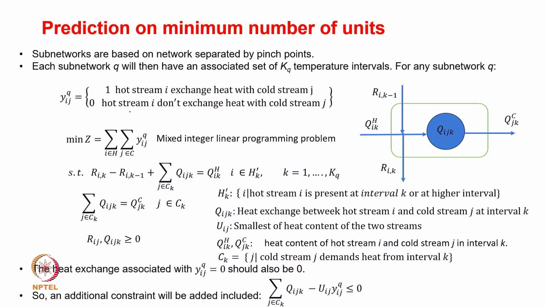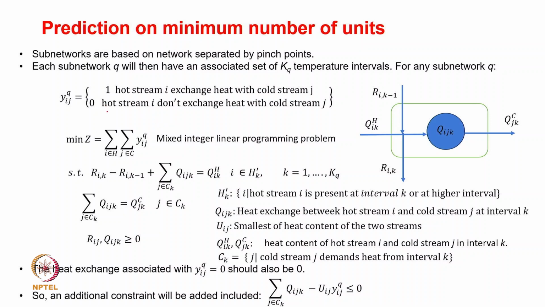If it doesn't exchange, there is no connection, no unit involved. When we sum all such cases, the summation of yijq, the zeros won't come into the picture, and the ones will just be added up. So our objective here is to sum up.